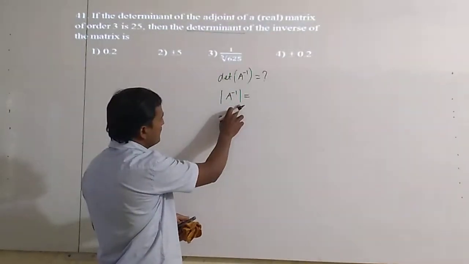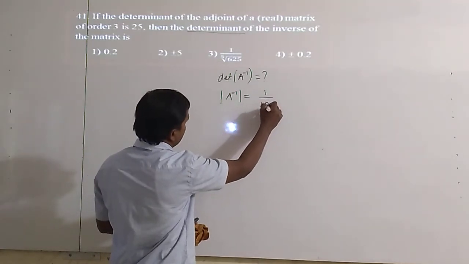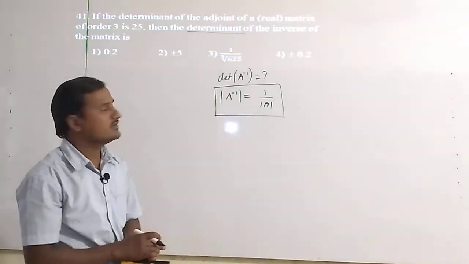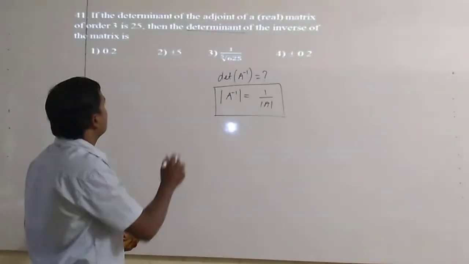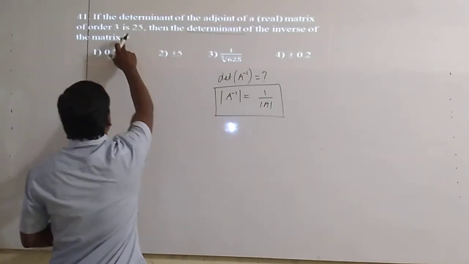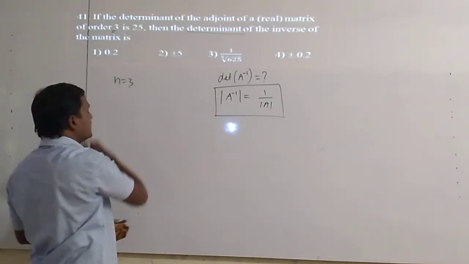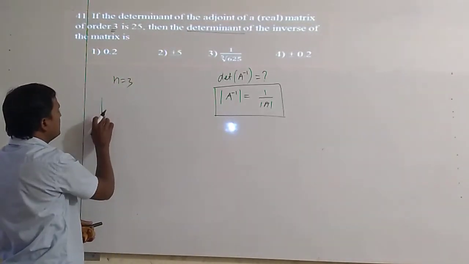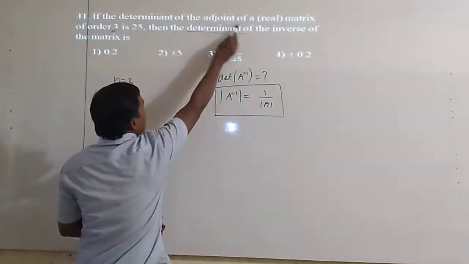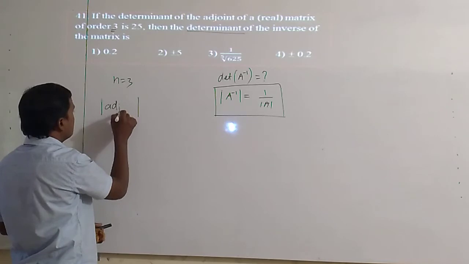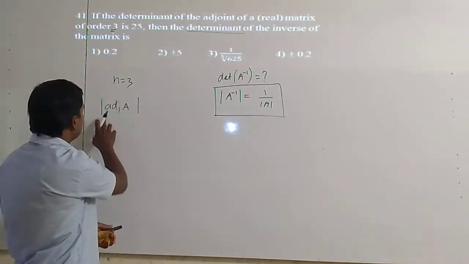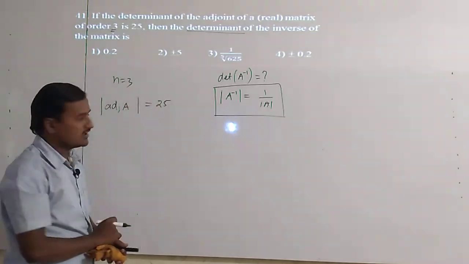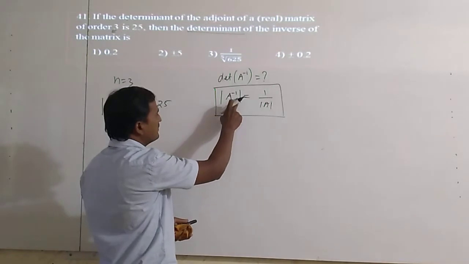It is given by the formula 1 divided by determinant of A. So this is the formula to find the determinant of the inverse of matrix A. They have given the order, n is equal to 3, and they have given the determinant of the adjoint of A, which is equal to 25. Now we should find the determinant of A inverse.